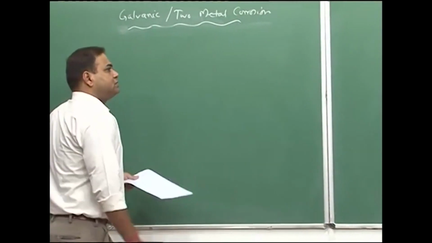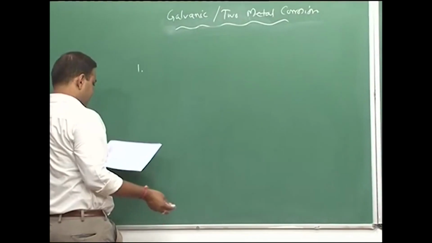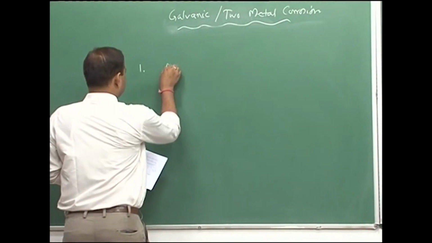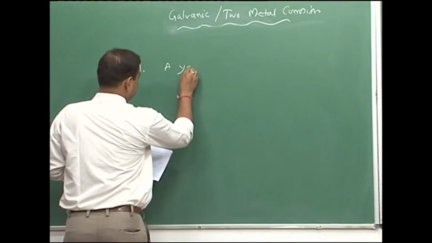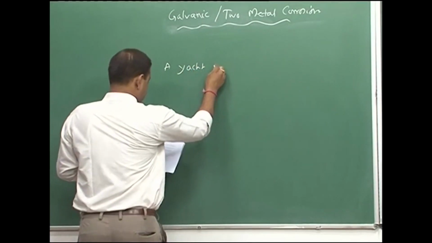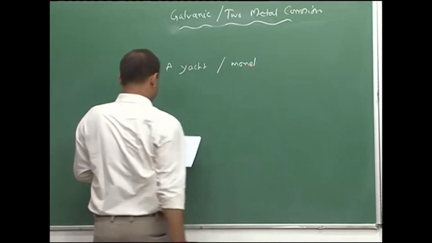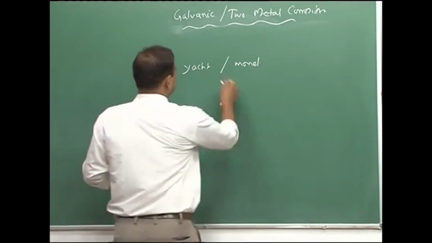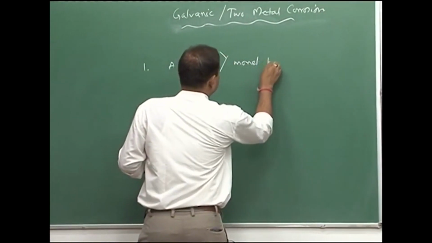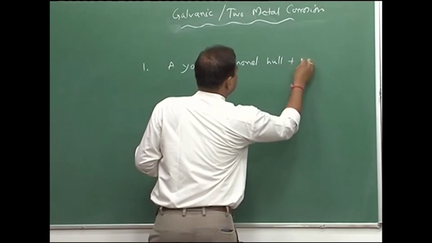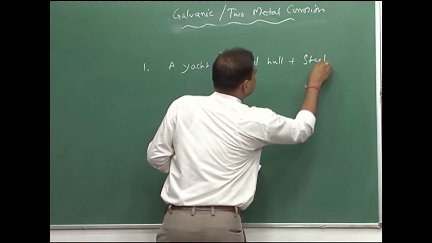One example is definitely a yacht with a monel hull plus steel rivet.